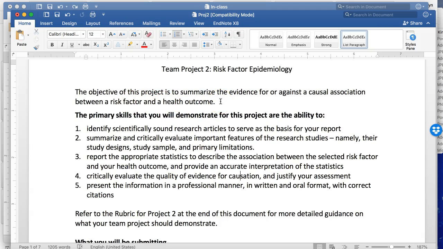So controversial or unknown topics such as whether vitamin D is protective against diabetes, or whether sugar-sweetened beverages actually do increase risk for obesity. So these are questions that are out there but aren't settled yet. And the foundation that they get from this module really is critical to how they'll approach this final project as a team.